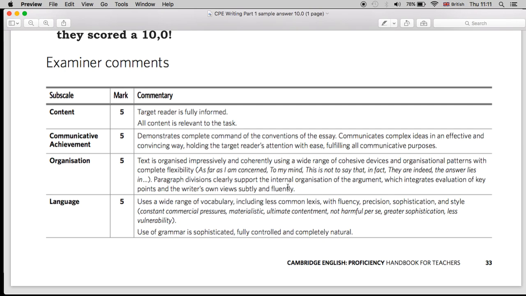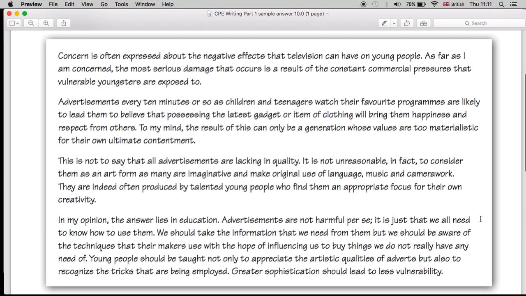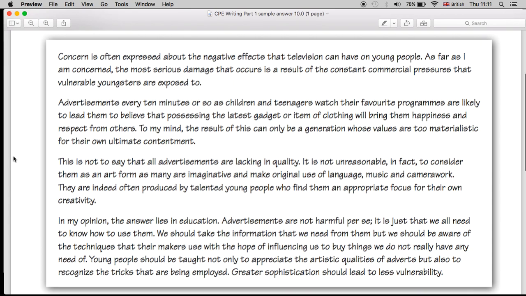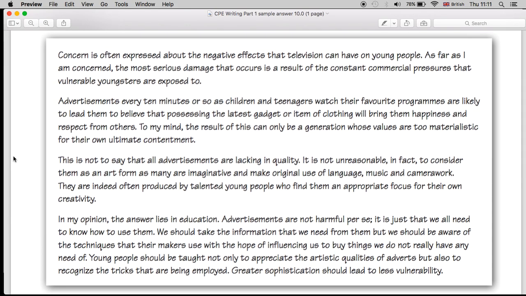Again, this is less common vocabulary that one is expecting to see on a proficiency level writing exam. And additionally, again, 5 out of 5 full points, the use of grammar is sophisticated, fully controlled, and completely natural. Well, in fact, I might almost guess that perhaps this was a native speaker who wrote it, or indeed, if non-native, this person's writing capability is quite high level. There doesn't appear to be a single mistake grammatically. There are no spelling errors.